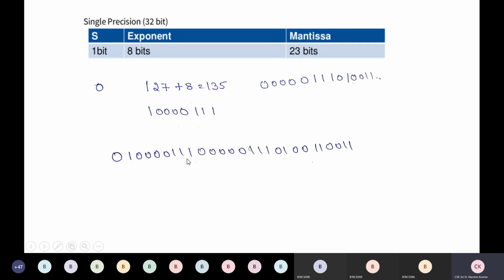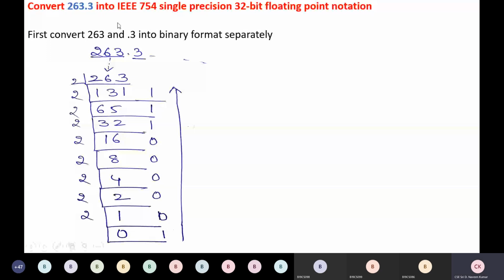This is the single precision 32-bit format as per IEEE 754. So we have converted the given decimal floating point number into IEEE 754 single precision 32-bit floating point notation.